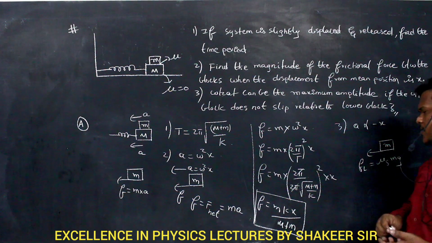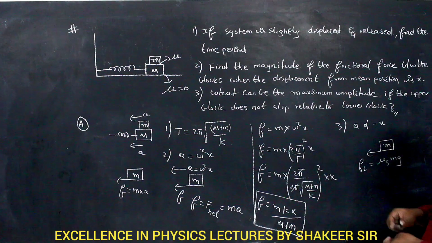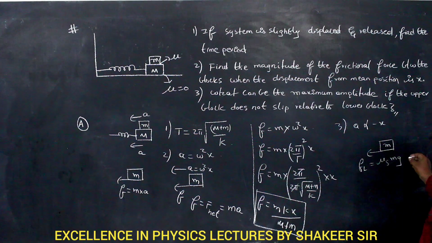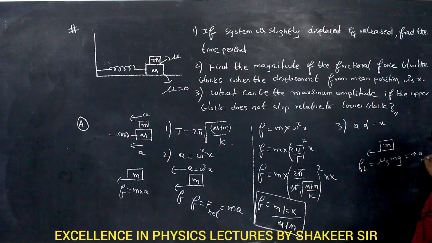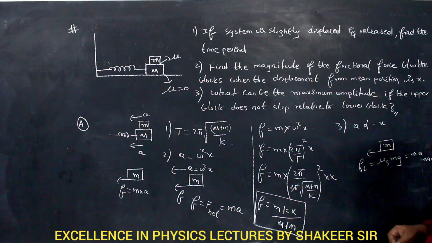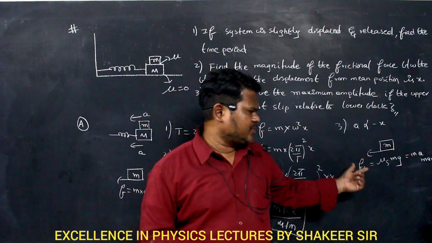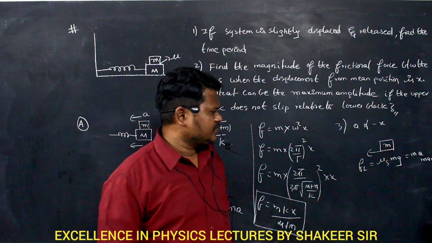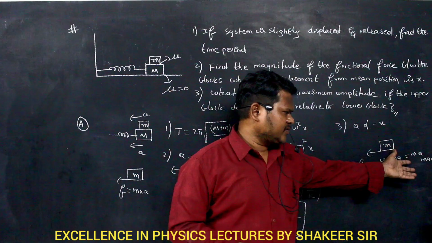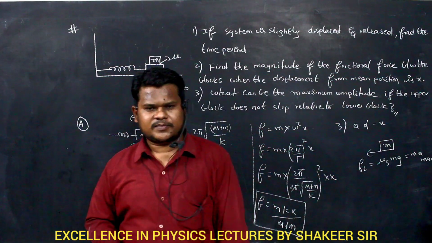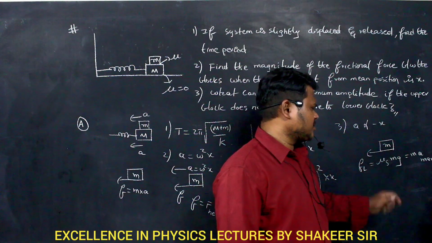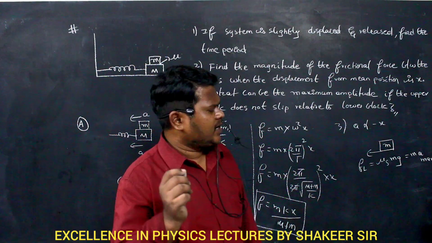So the maximum acceleration that can be produced with this limiting friction is this much. So mu s mg is equal to mass into A max. So this is the maximum acceleration. Clear? Because limiting friction can only give a maximum acceleration, where the normal force is mg. Therefore Fl equals mu s mg equals m into A max.